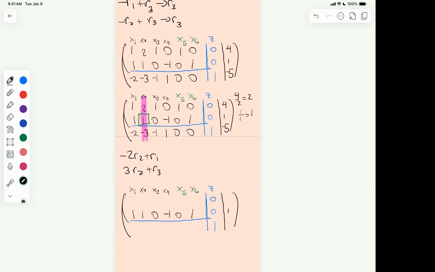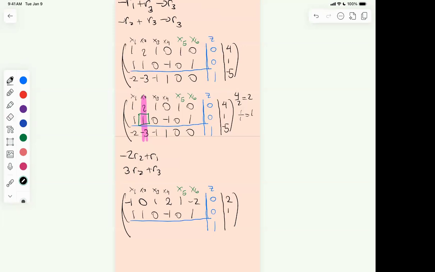So, okay, when you do -2 row 2 plus row 1, you get -1, 0, 1, 2, then 1, -2, and then 4 minus 2 is 2, right?